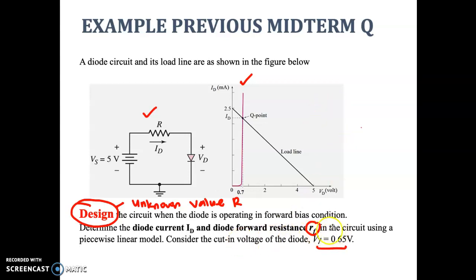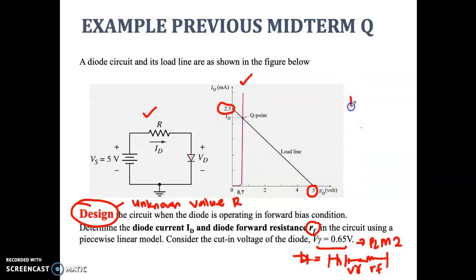Okay, please take note here. When we have V gamma and RF, this will be piecewise linear model 2, where you are going to replace your diode with V gamma and RF during forward bias. Here you are already given the values for questions 2 and 5.